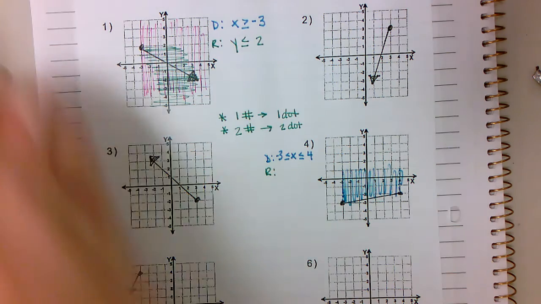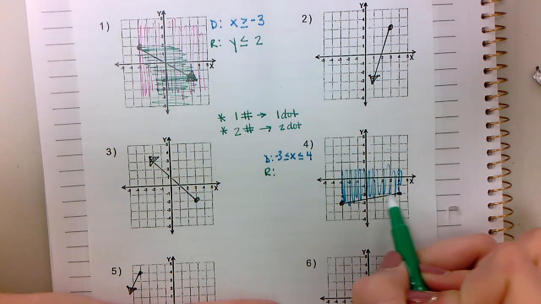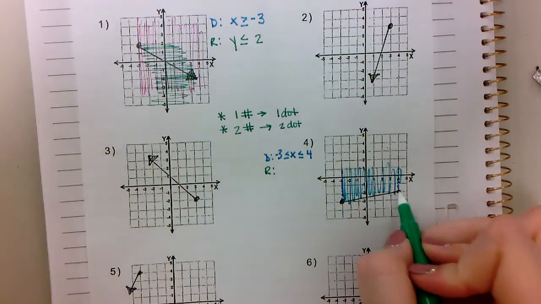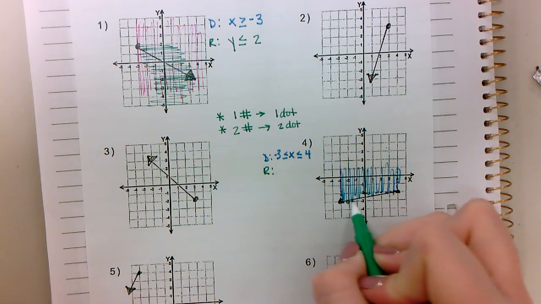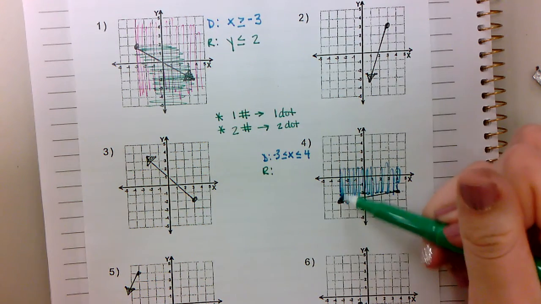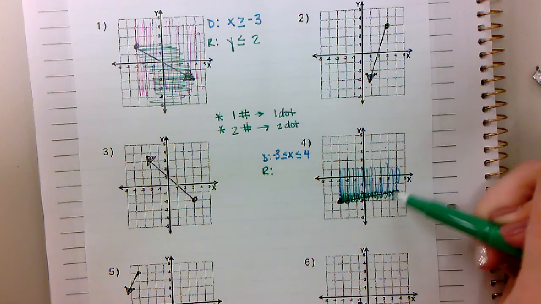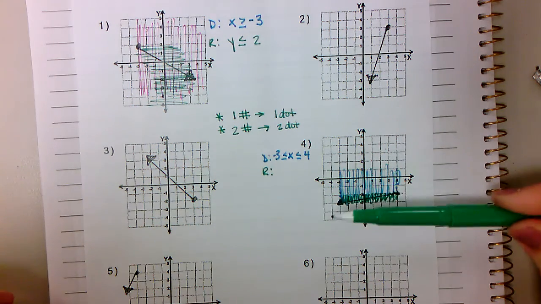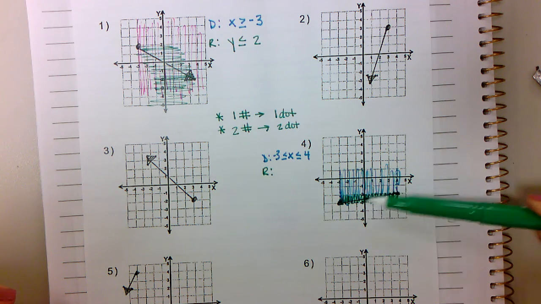Now for the range, I need to take these dots and run it over until I run into my y-axis. So from this dot over to the y-axis and this dot over to the y-axis, the only space that it's taking up is right here. That's as low and high as it goes on the y-axis if I follow those dots over.